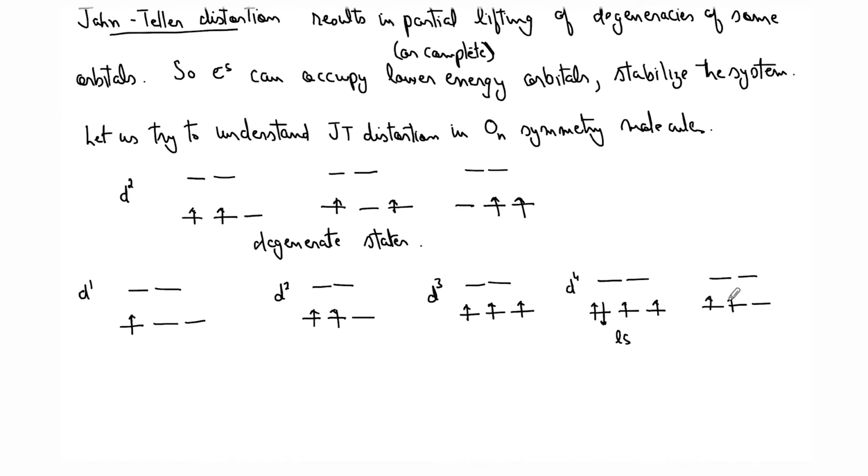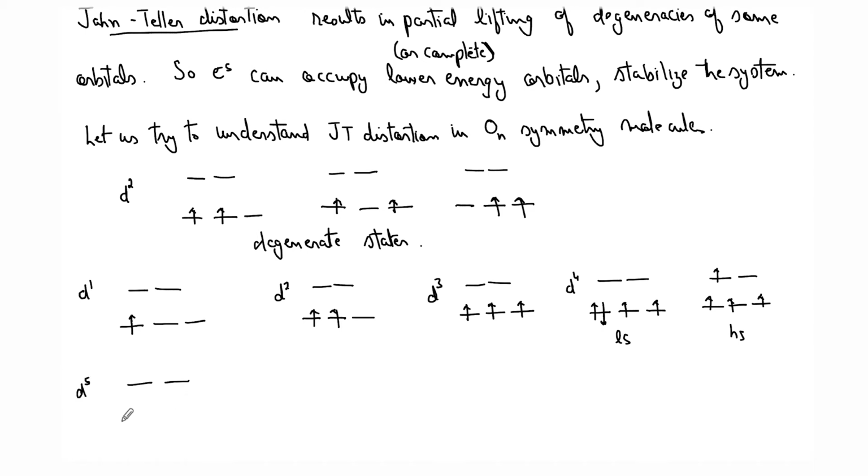The high spin complex will have T2G3 half filled and EG1. This will be high spin. So this is also asymmetric, this is also asymmetric. Both of them have degenerate states possible, so both of them can undergo distortion, right? All right, so let us move to D5.